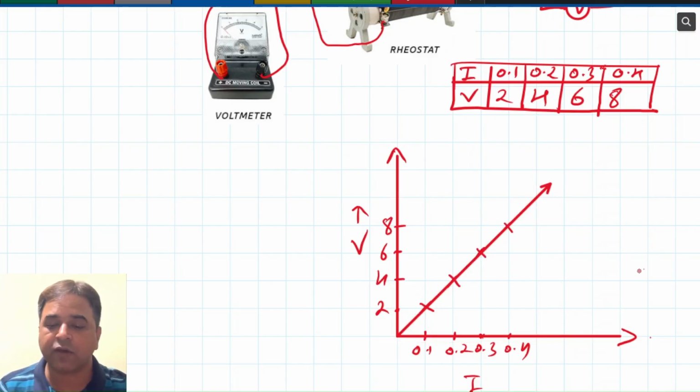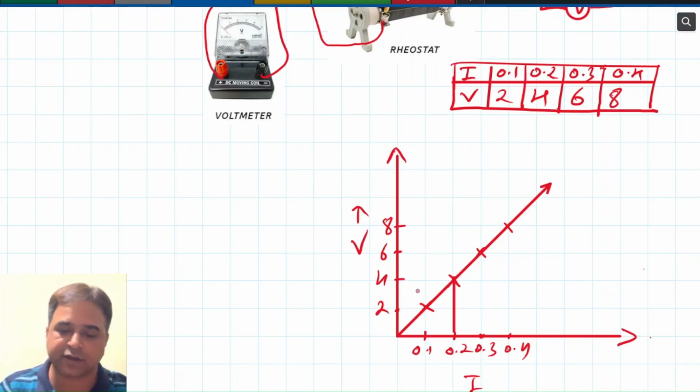Okay. Now from this graph, if you take a gradient, suppose you are taking gradient from this 0.2 ampere electric current, how much voltage you are getting? It is coming 4 volt.